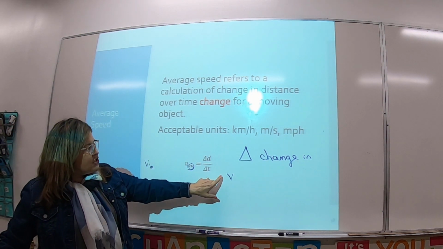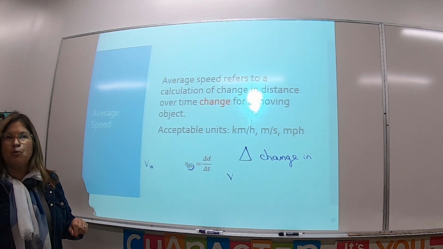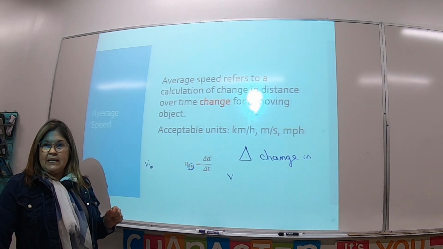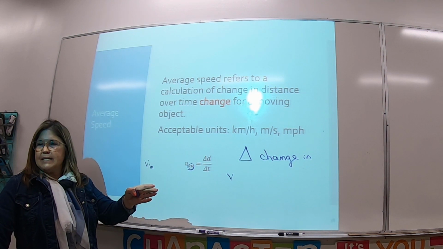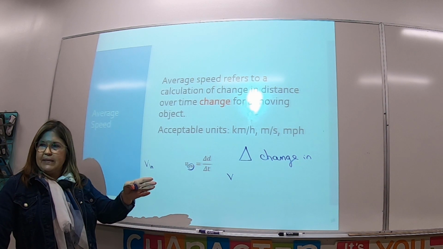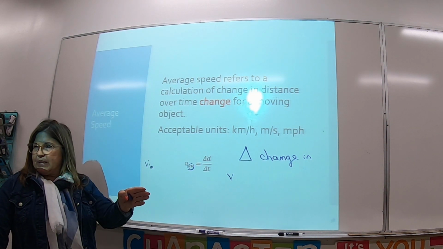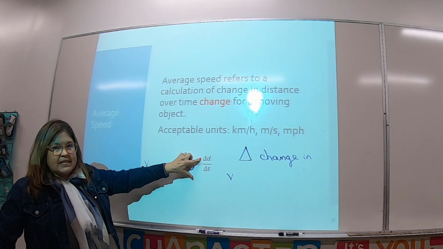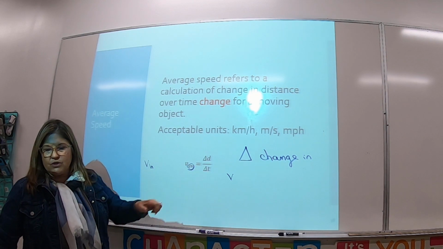So if it's just the v or v_av, we're talking about average. So we talked a bit about what average speed would be. If you were driving and you were speeding up a little bit, slowing down a little bit, you stopped for a little bit, all of those would be the change in the distance over the change in time, the total distance over total time.